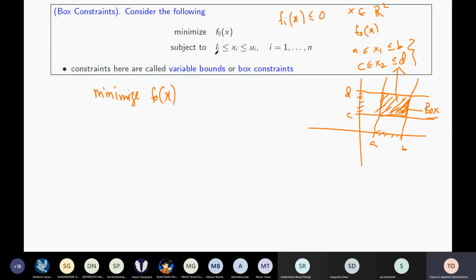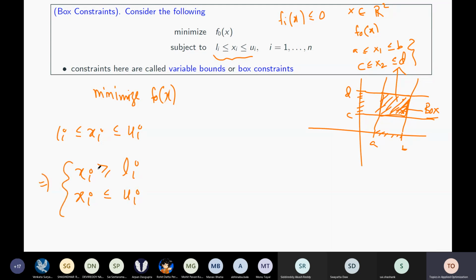First of all, let us focus on some fixed i. This itself is two inequalities simultaneously: Li is less than or equal to Xi, which is less than or equal to Ui. So this is Xi greater than or equal to Li, and Xi less than or equal to Ui.